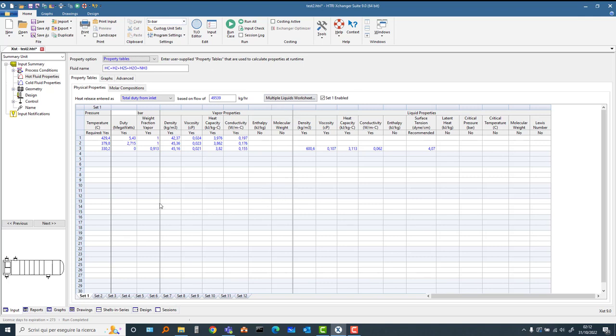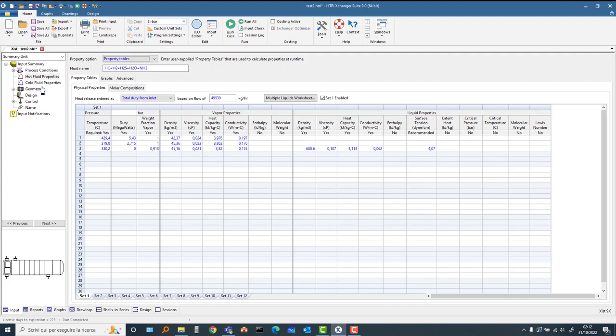So we said before that the hot fluid comes in as 100% vapor, and then a small part is condensing. So we have 1, and then 0.9. We have, of course, all the vapor properties here and the liquid properties here.